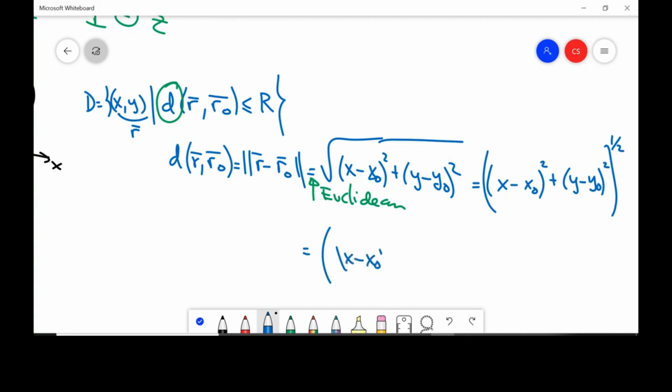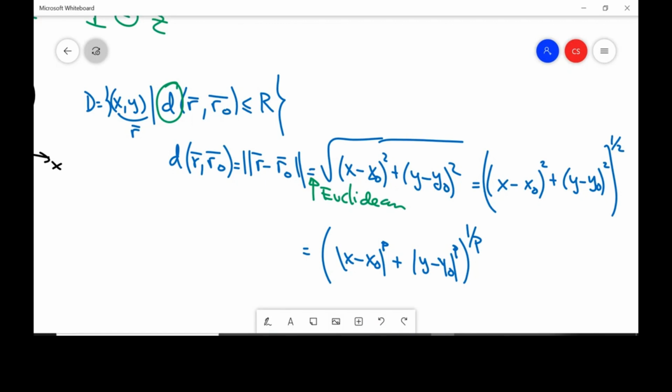x minus x0, to the power p. If I give p the value 3, then I have another distance. If I give p the value 4, even 3.5 or 2.5 or whatever number I like, this is another distance.